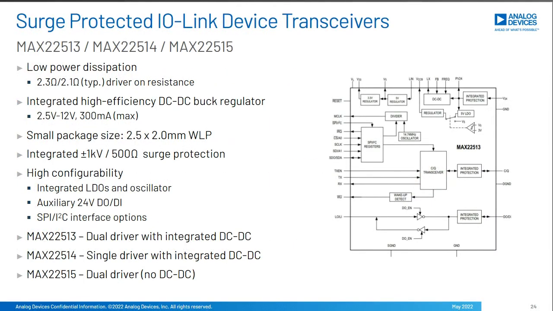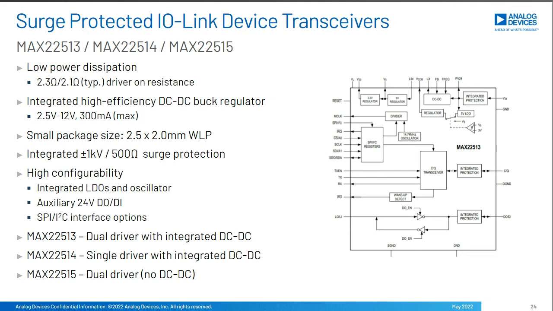This is how we address those items. This is one of our device transceivers. You see that inside a device, a sensor or an actuator, the key important pieces are here. The output driver has very low on-resistance, so it's very efficient. And we integrate everything that is needed inside a sensor and actuator.